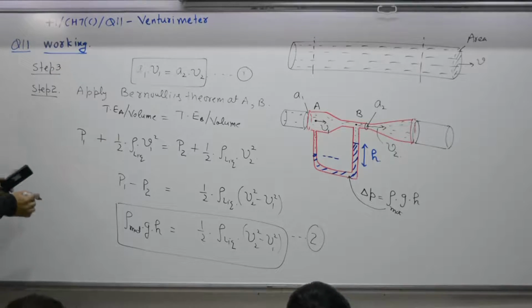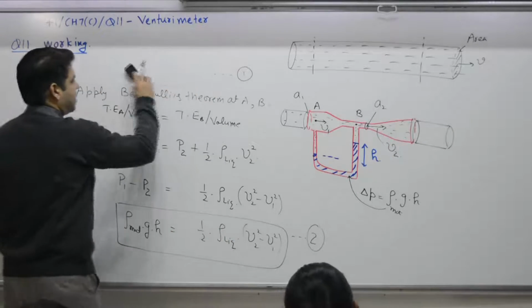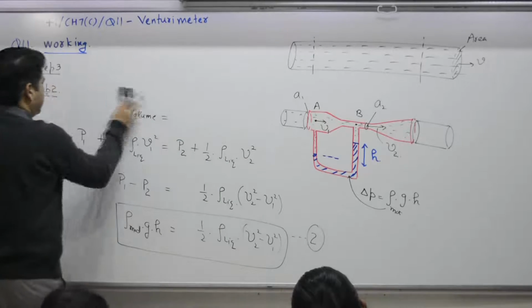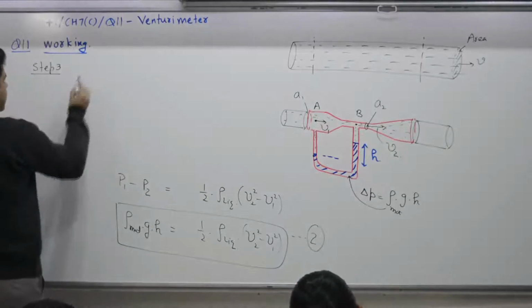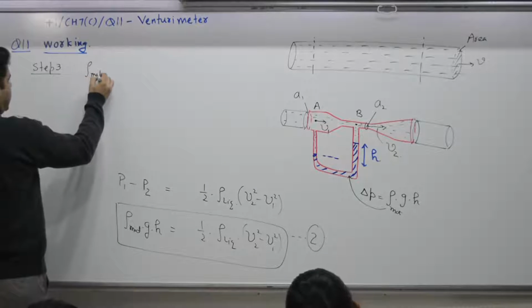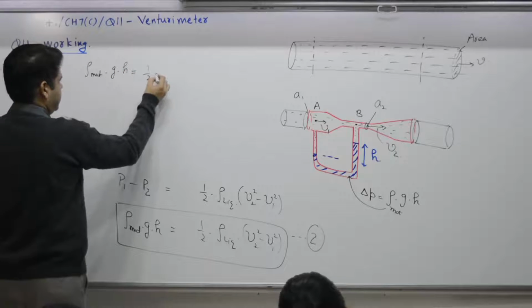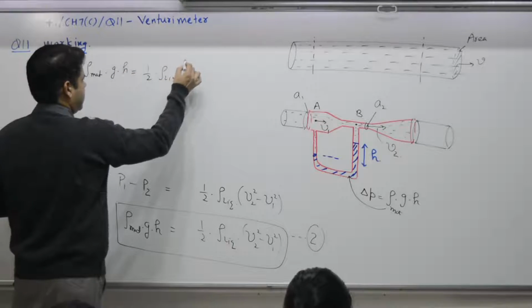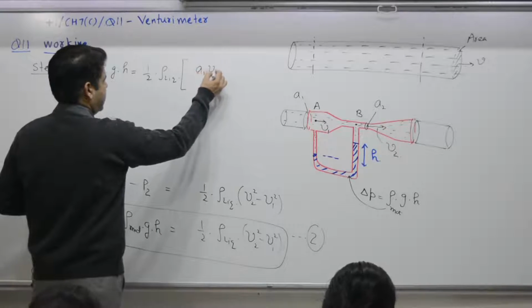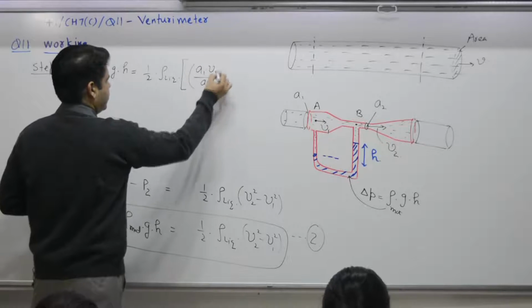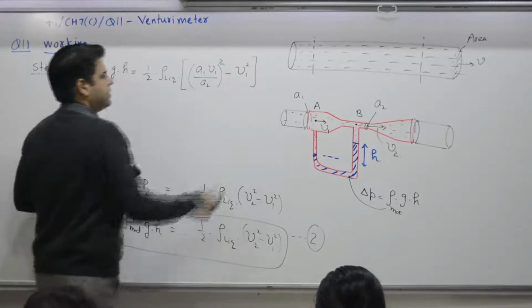Step 3. You can put the value of V2 here. Density of material times G H is equal to 1 by 2 density of liquid. V2 is equal to what? A1 V1 by A2, square, minus V1 square.